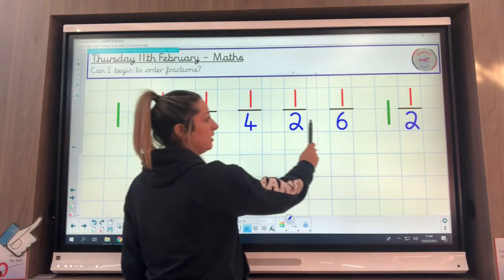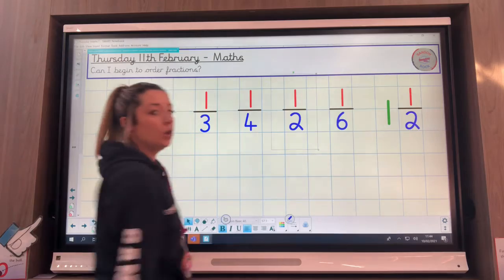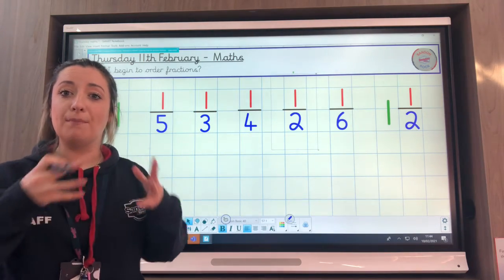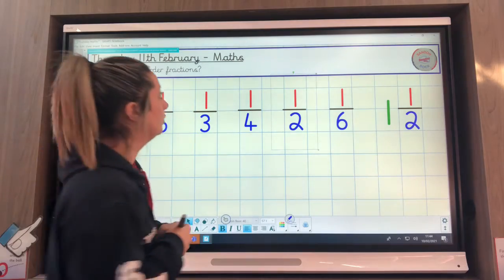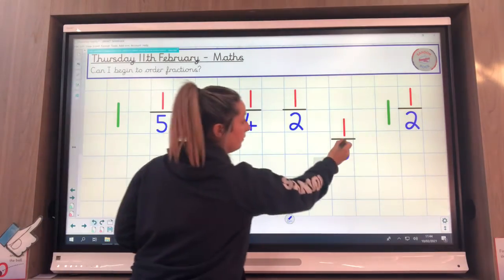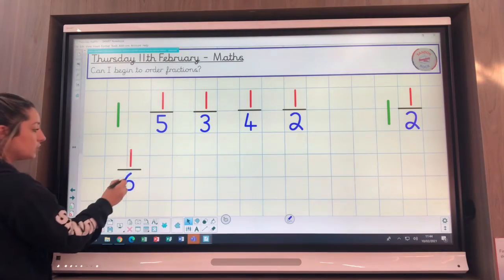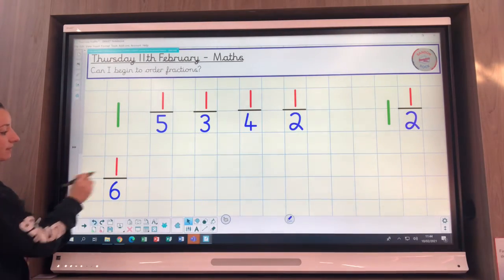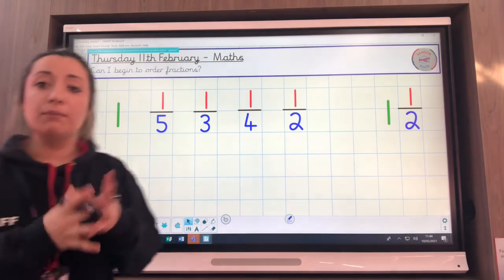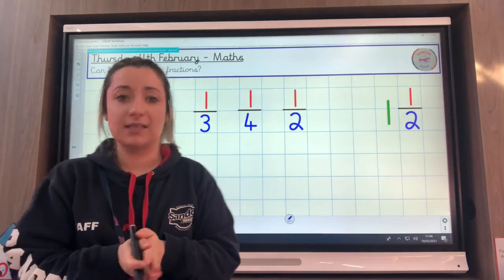In the middle maybe? Or is it over this side? Which denominator has the biggest amount, which means it's got the most parts in the whole? Hopefully you have got this one, so well done if you got that at home. So 1/6 is going to be my smallest amount because it's got the most parts, and the more parts you have, the smaller that amount is.